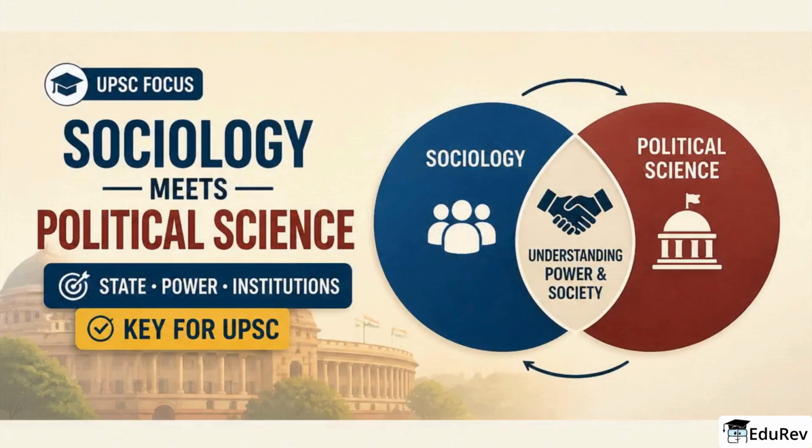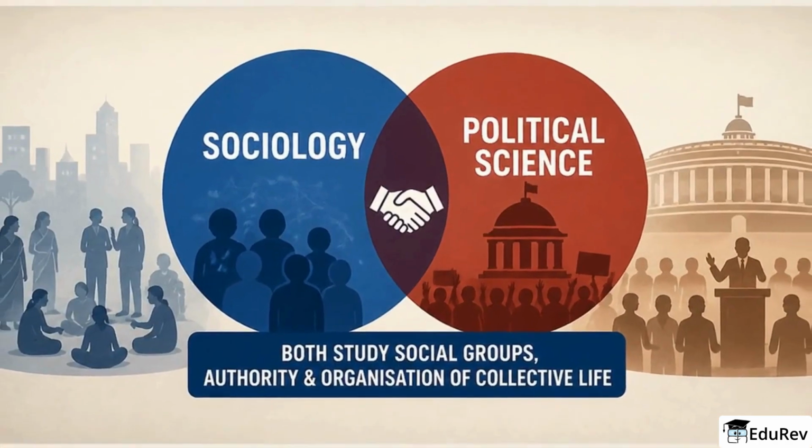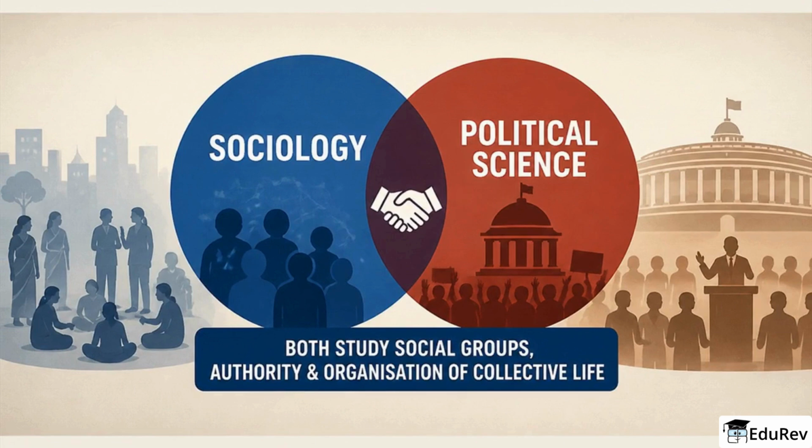First, let's see how sociology and political science overlap and why that matters for UPSC questions on state, power, and institutions. Both subjects study social groups, authority, and the organization of collective life. So many concepts cross over between them in real political events.